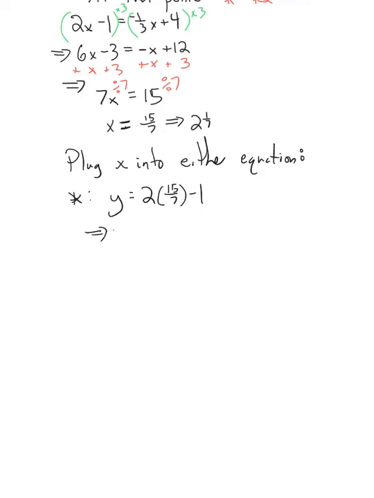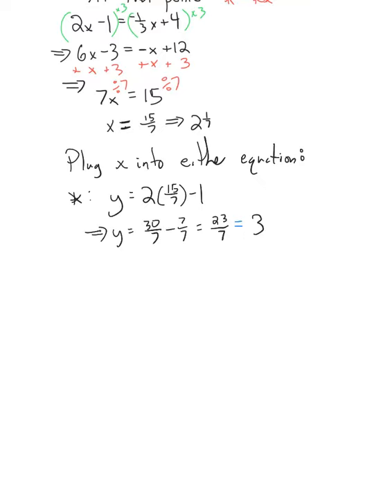So what is this? y is 30/7 minus 1. I'm going to change 1 to 7/7. And 30/7 minus 7/7 is 23/7.